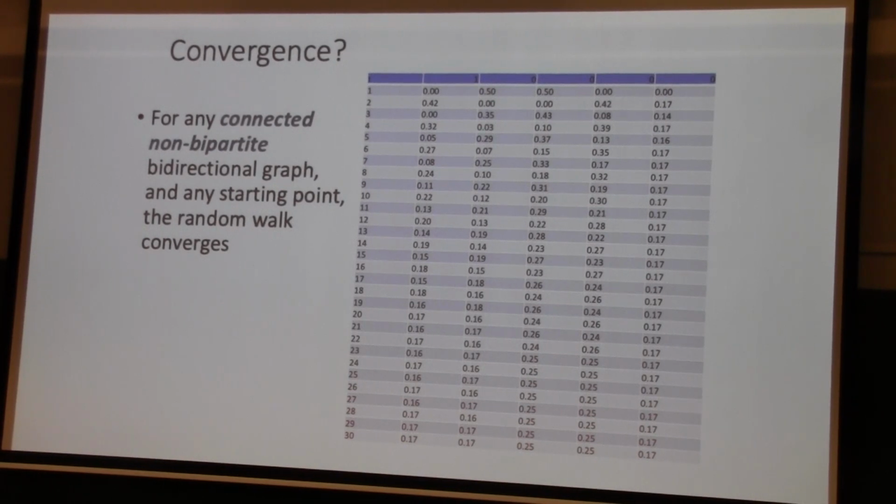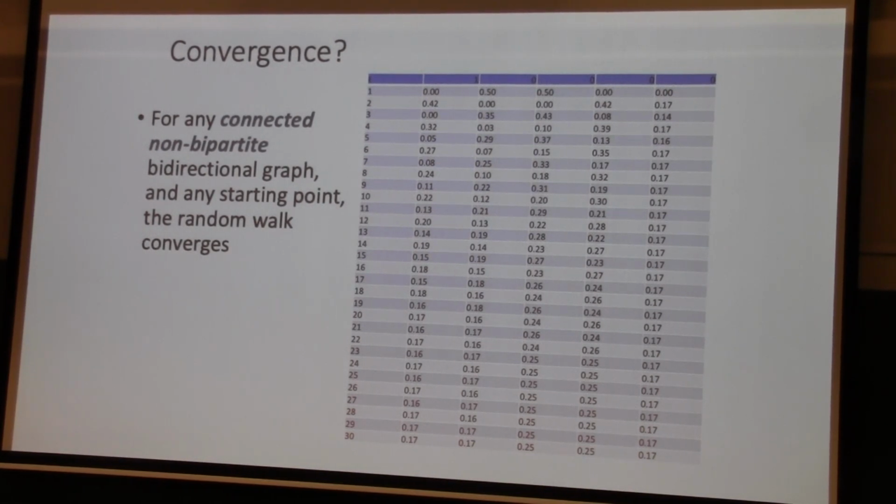Or if I have a bipartite graph, see, depending on if I start here or if I start here, I will converge differently. So it's not really converging for any starting point. See, here I say any starting point. So if the graph is not connected, then the convergence would be different depending on the starting point, right? So it has to be connected.